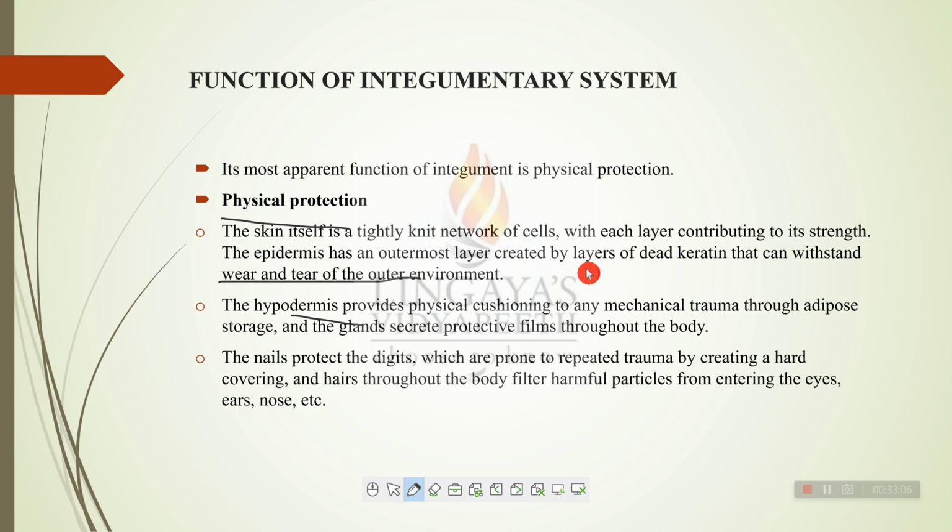In case of any mechanical trauma, it provides cushioning that prevents any injury or harm to the body. The nails protect the digits, the fingers and the toes, by forming a hard covering.